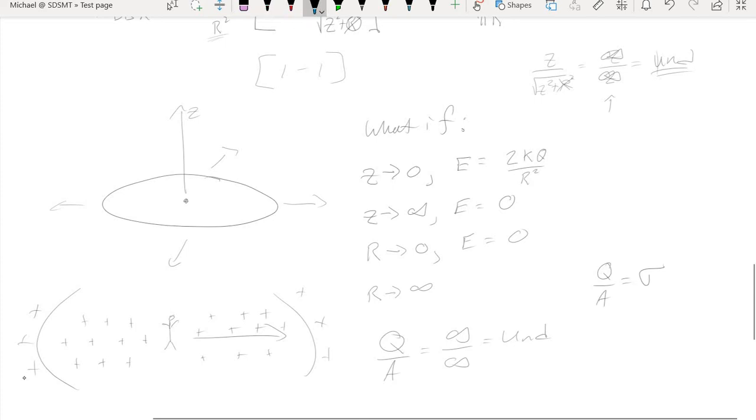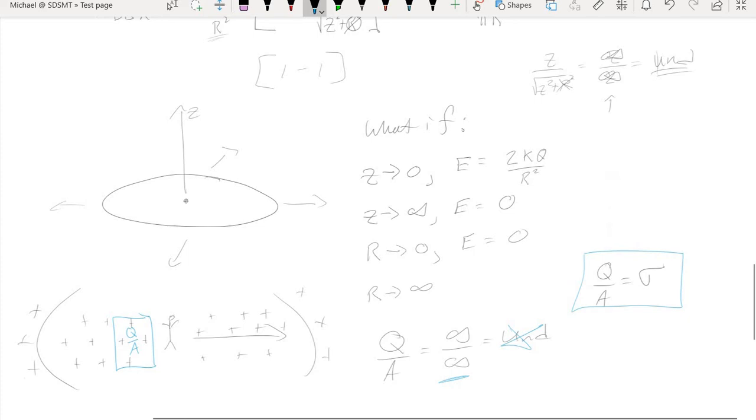If we were to look at this infinite disk of charge and we took a sample of it, well, there would have to be a finite amount of charge per finite area, even though it's an infinitely large sheet. So this ratio is not undefined. We already know what it is. It's sigma.